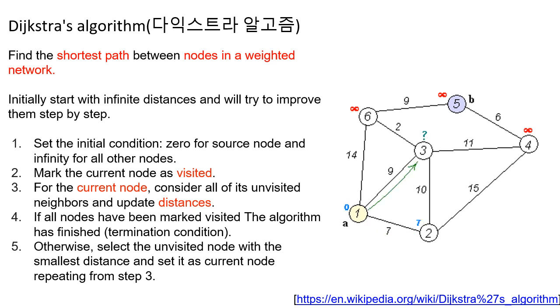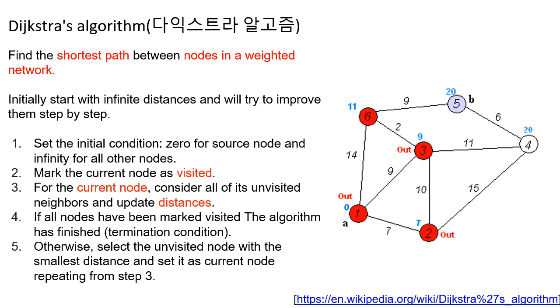There is another method, the Dijkstra algorithm. That is a method to find the shortest path between nodes in a weighted network. Here you have a weight on each link, and we want to find the path with the least weight.